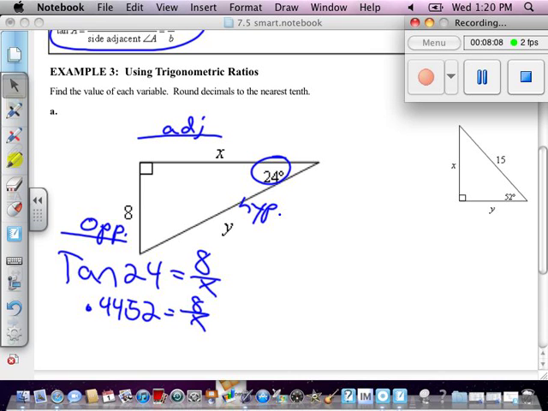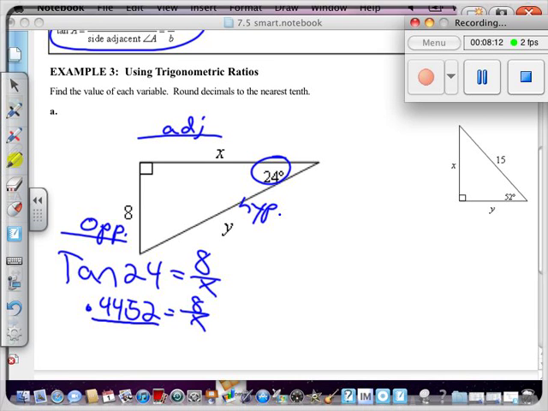All right, so ladies and gentlemen, we're set up with a problem where we're going to have to cross multiply. So we get 0.4452x equals 8. And then we simply divide by 0.4452.